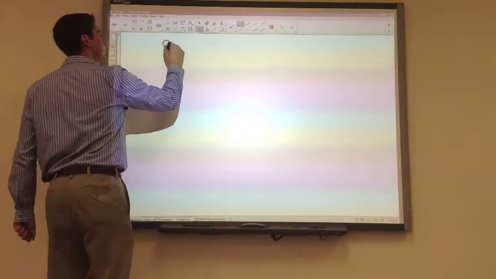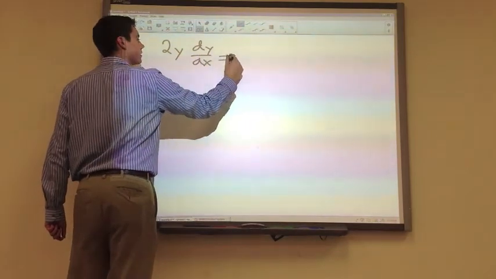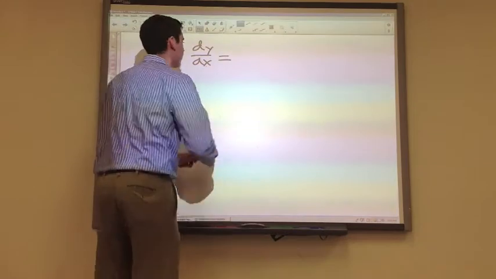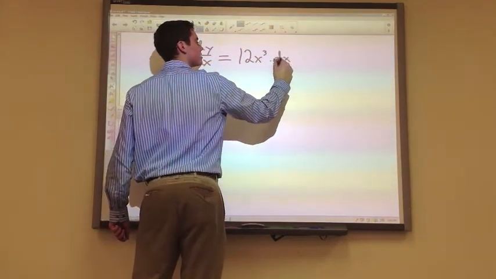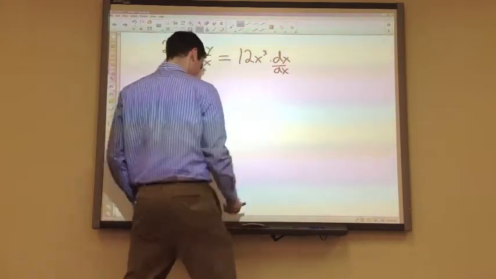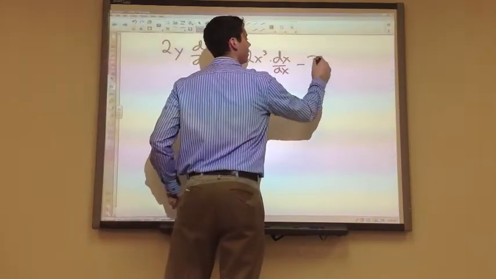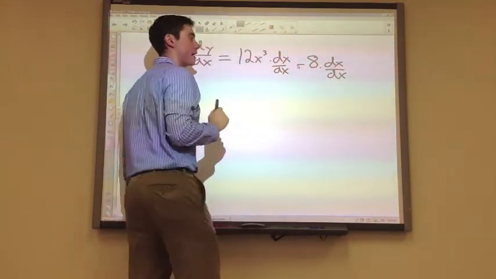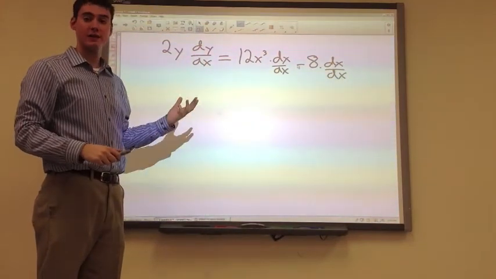And if you remember, we had 2y dy/dx is equal to, let me check, 12x cubed times dx over dx. And it was a plus or a minus, I don't exactly remember. It was a minus 8 dx/dx. We're looking for the derivative in terms of x.